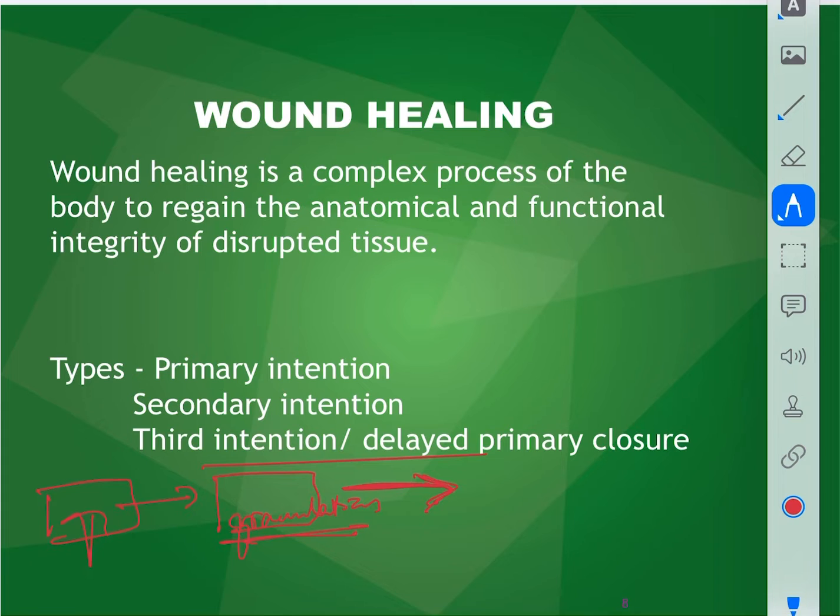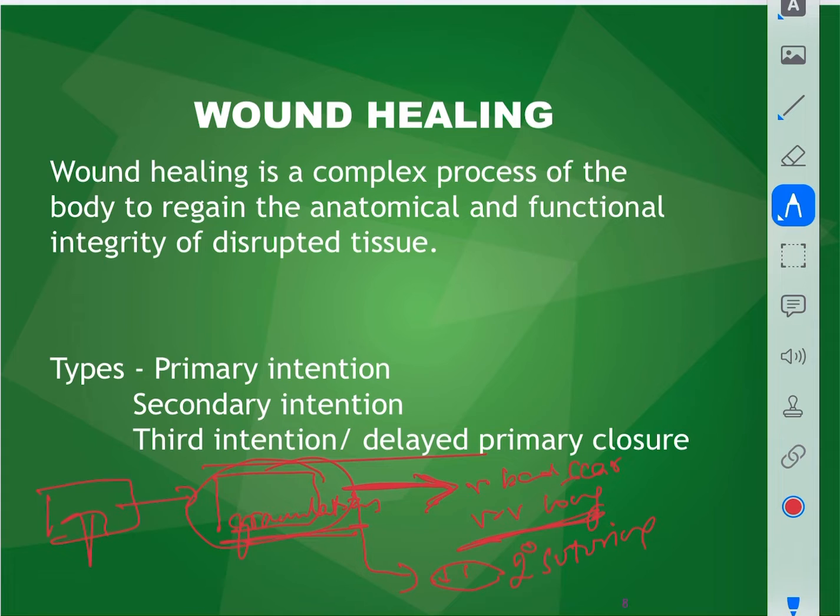Now if you just leave it open and allow it to heal on its own, it will heal with a very bad scar, and it will take very long time to approximate. Okay, because it's a very large wound. So what do you do? You take up the patient. If the edges can be approximated, then you do a secondary suturing.